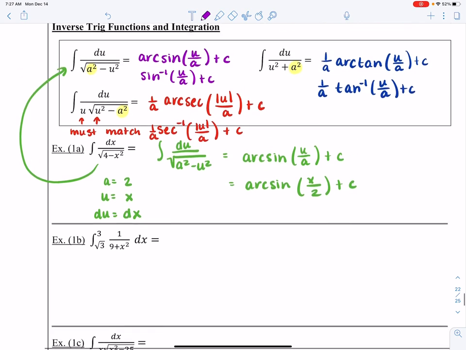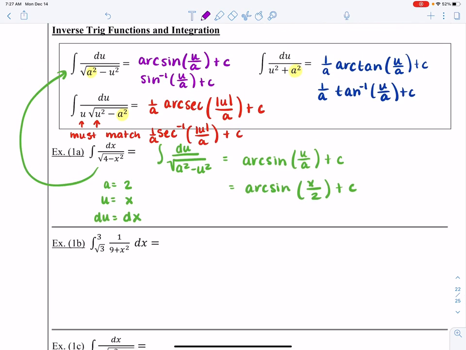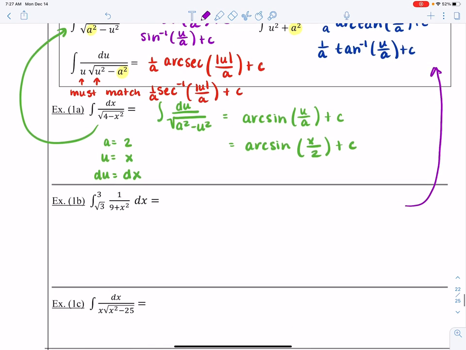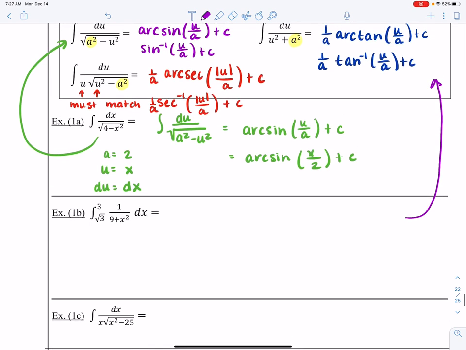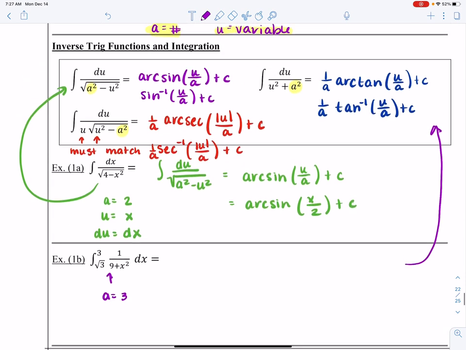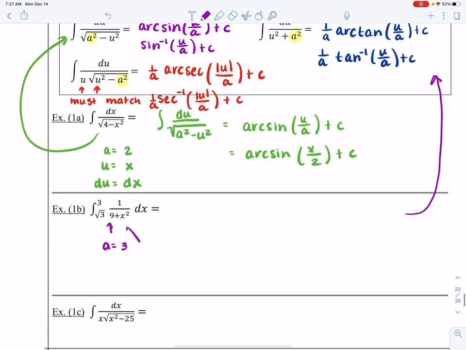When I look at example 1b, we can see that it follows the arctan pattern. It is a definite integral. So in this case, my a value, the number that's being squared, would be 3, and my variable that's being squared is x, which would make du be dx.